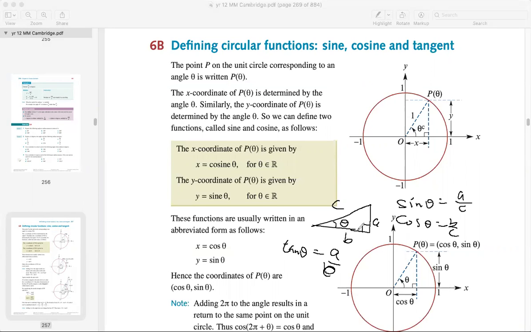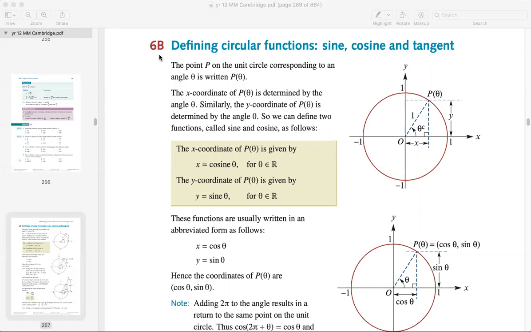You even type in cos 10,000 and it gives us a number. So there's a problem with only the triangle definitions, and we need to extend our definitions. That's why we now call them circular functions instead of trigonometry.